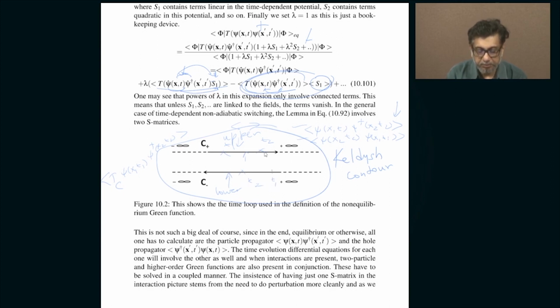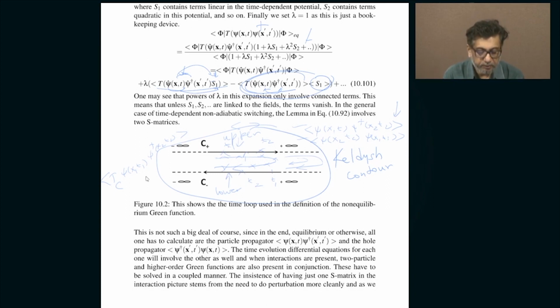So, the implication is that the path of increasing times goes like this. This time is greater than this time, which is greater than this, even greater, and even greater, like that. So, time is increasing as you go along the contour.